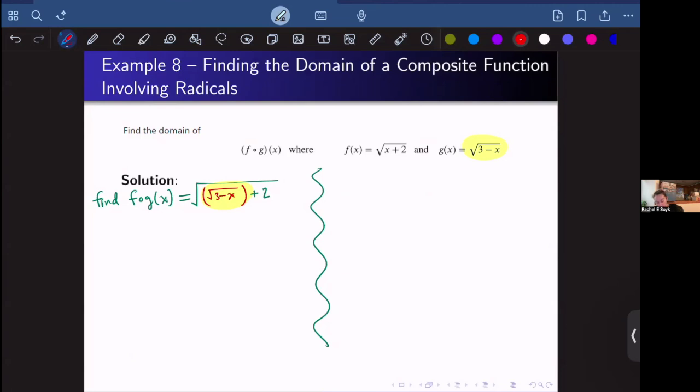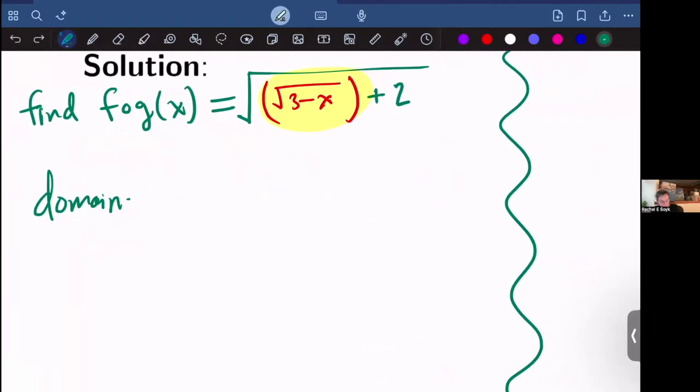And now we want to find the domain of this. Now, we have no fractions here, which is great, but we have an even root. These are square roots here with indices of 2.